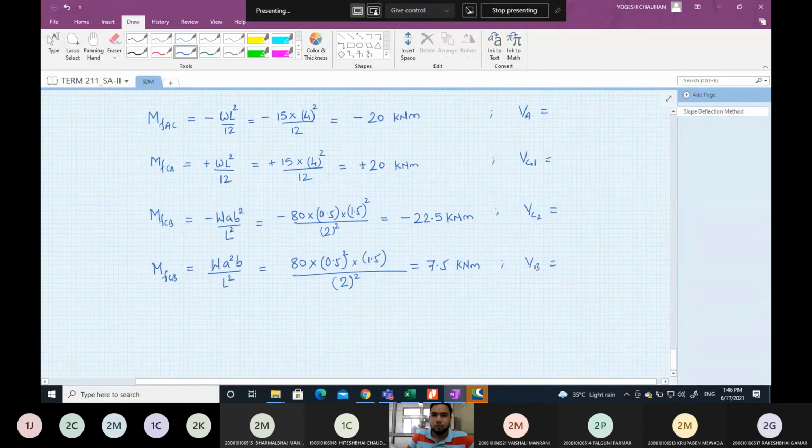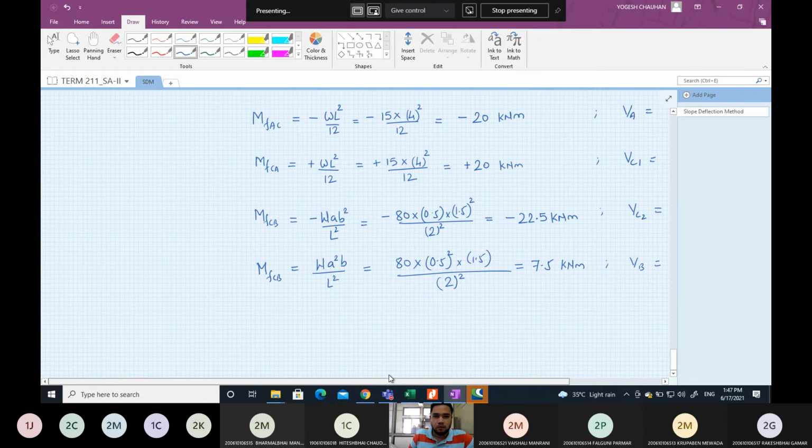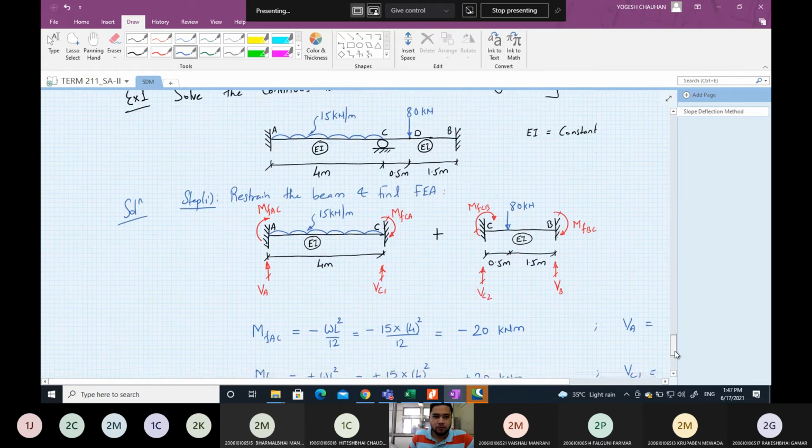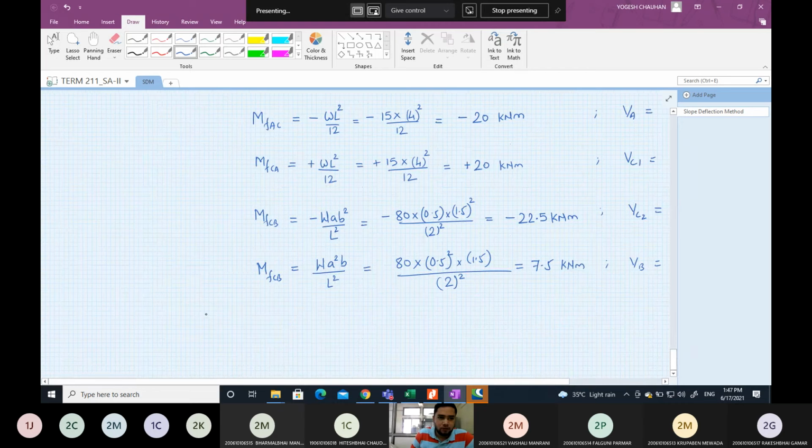If you don't want to draw the shear force diagram, you can skip this. So for now, we are skipping this. You find it at your end.